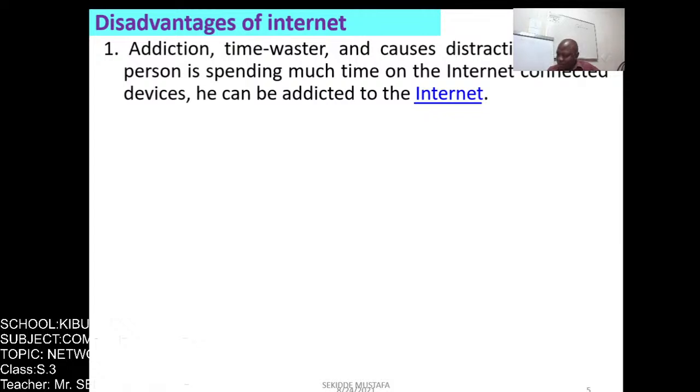Disadvantages. Here I'm looking at addiction. That is time wasting, and it causes distraction. If any person is spending much time on internet connected devices, he can be addicted to the internet. And that is very, very common with you students these days.